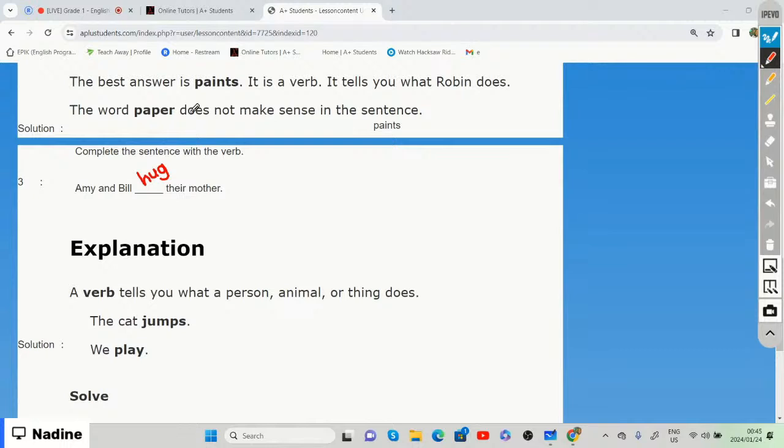All right. So we said Amy and Bill hug their mother.